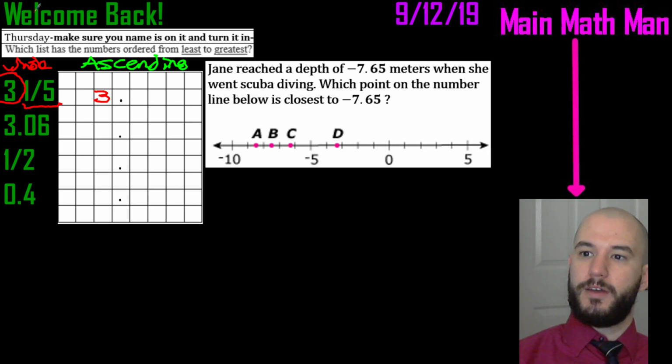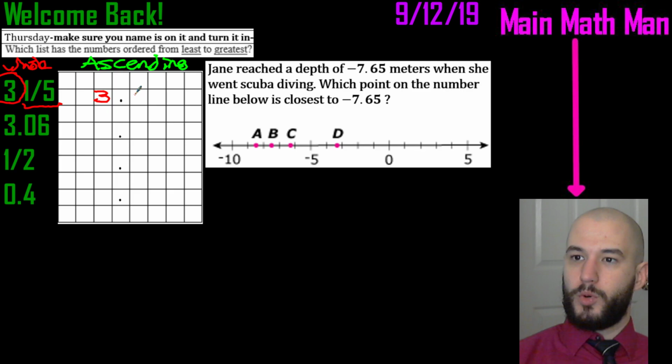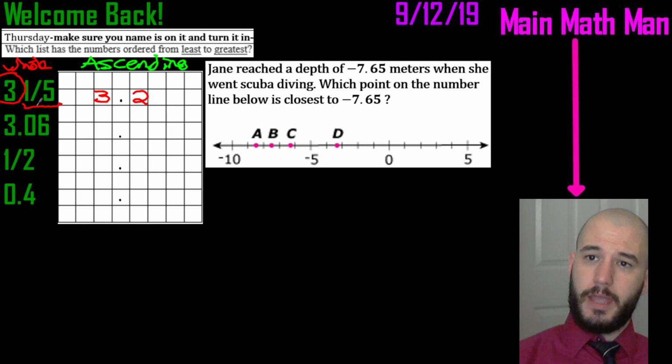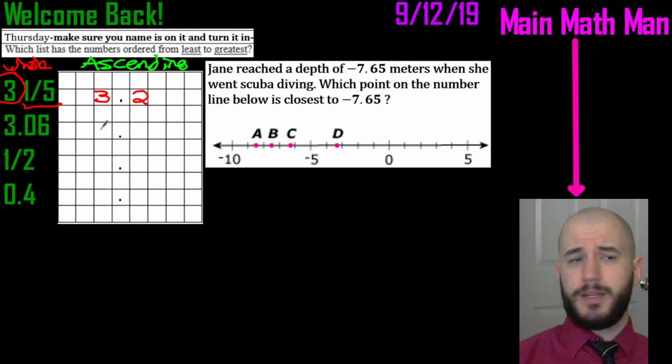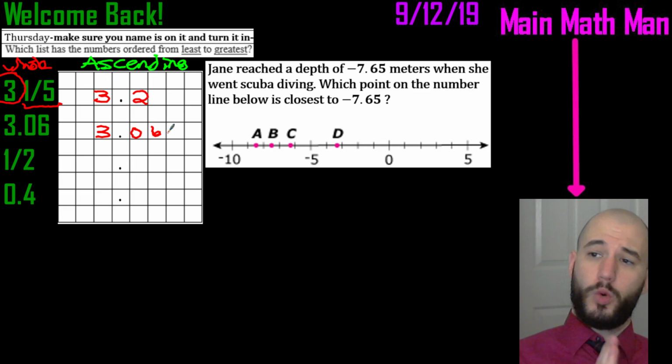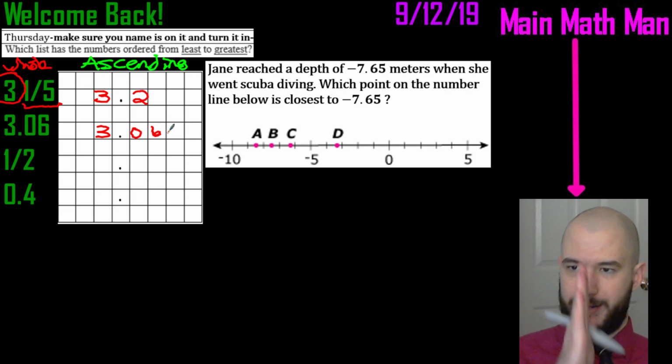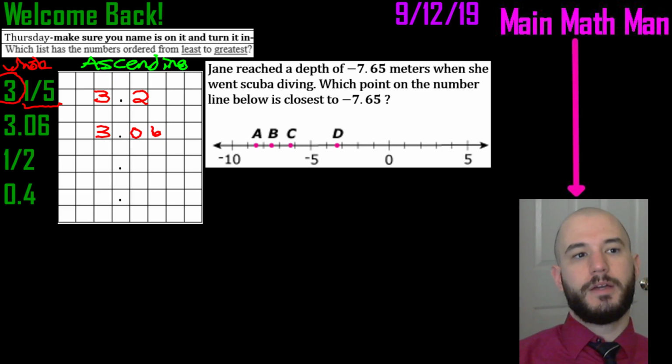So I'm going to have 1/5, and that is just 0.2. Make sure you're saying "and" and having that decimal value be that part. For the next one, it's just 3.06. That's already done for you, so you can just copy it over. So you have 3.06, again, just using 1 digit per column.